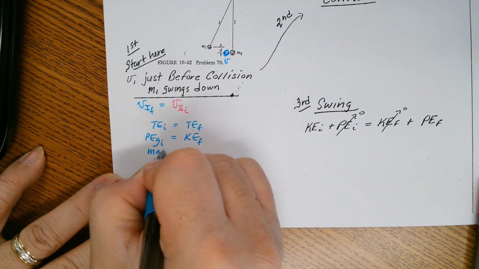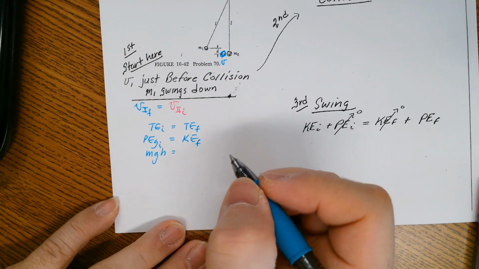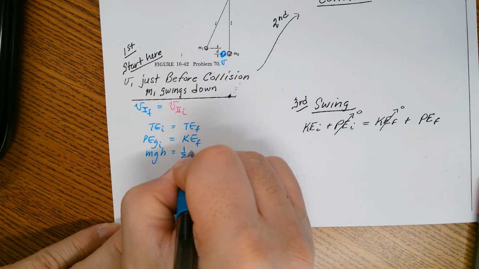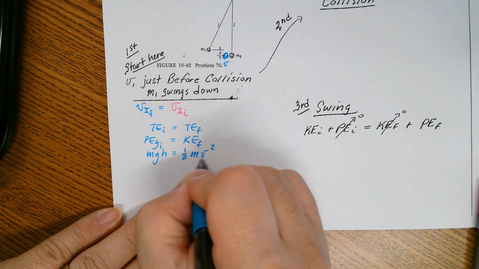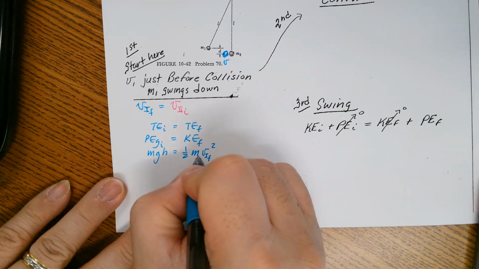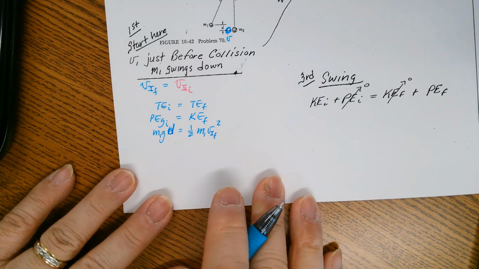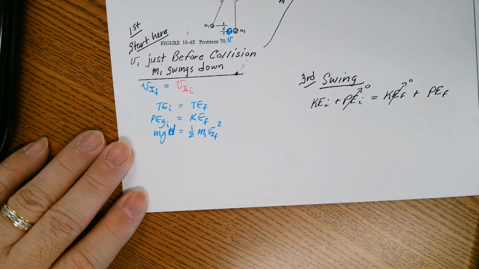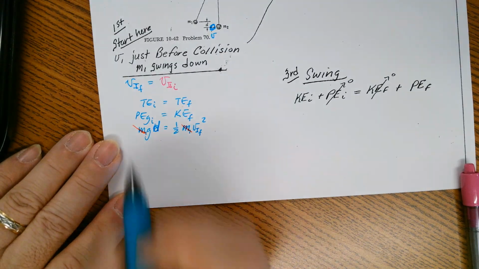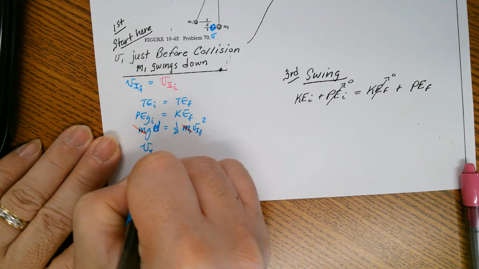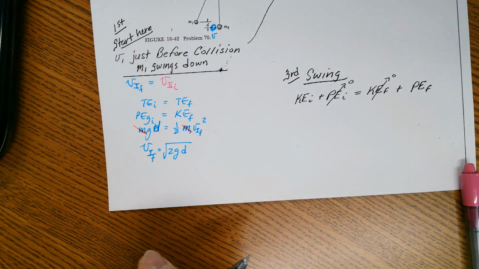So mgh, which is actually d, equals 1/2 m v squared, where this is v phase 1 final squared with m1, and this is actually d. My mass m1 cancels out, so v phase 1 final is equal to the square root of 2gd.